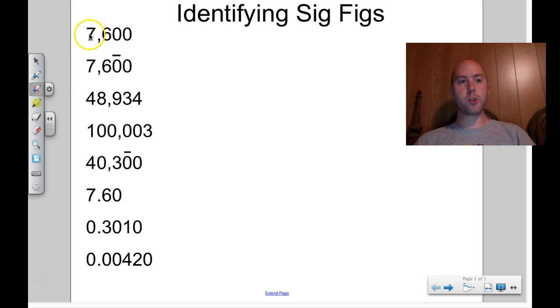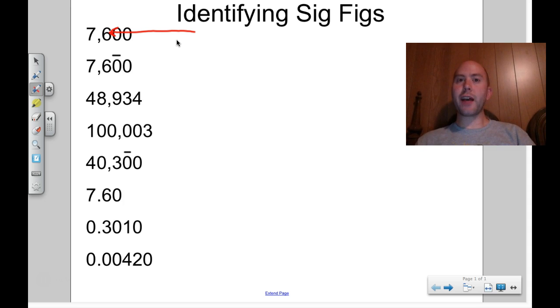So for example, in this first one, 7,600. The very first sig fig I get to going to the left is the 6. That means that's the number I'm not sure about. I know for a fact it's 7,000 something, but it's 7,600. The 6, that hundreds place, is an estimate. So it could be 7,400.